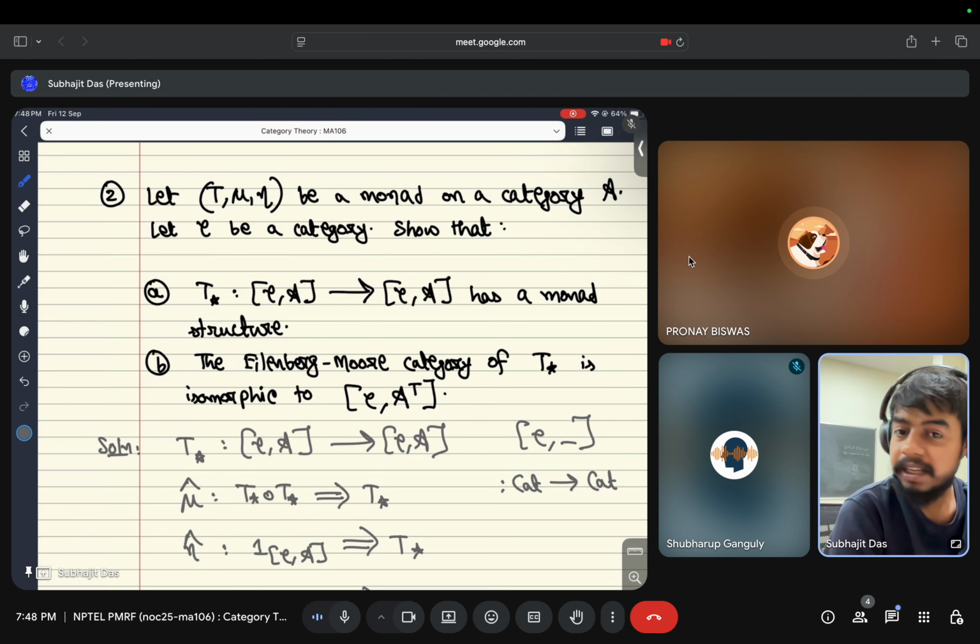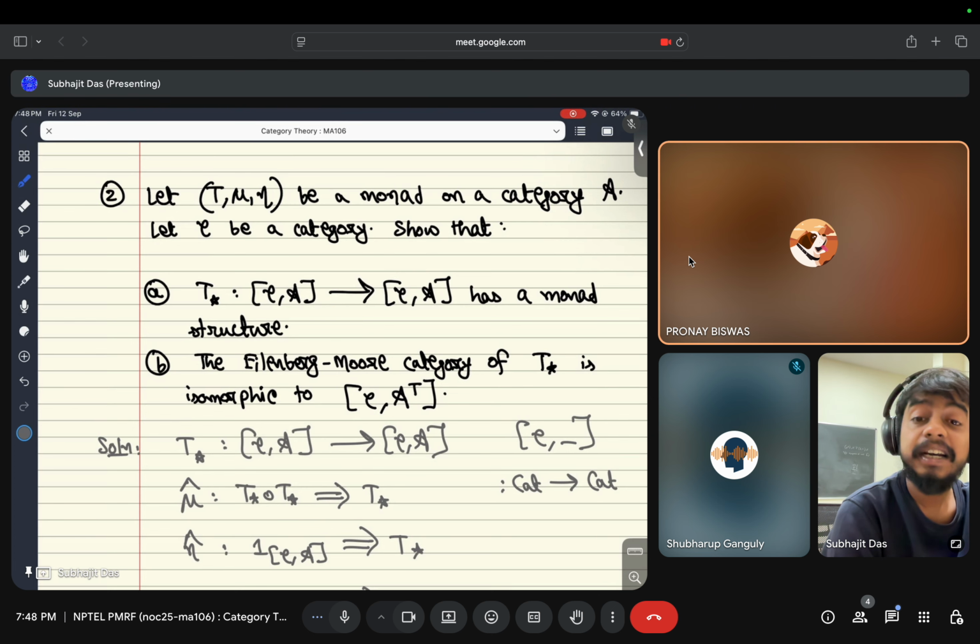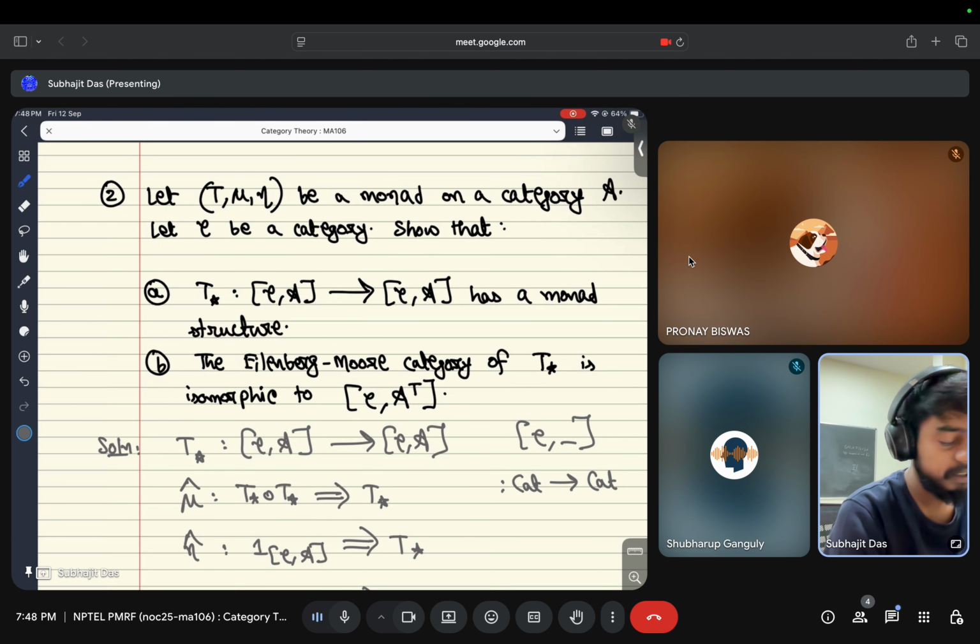Representables preserve limits, right? Here we have a representable which preserves an Eilenberg-Moore category, right?